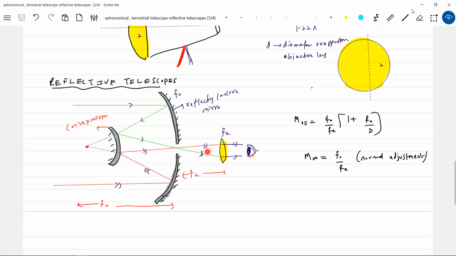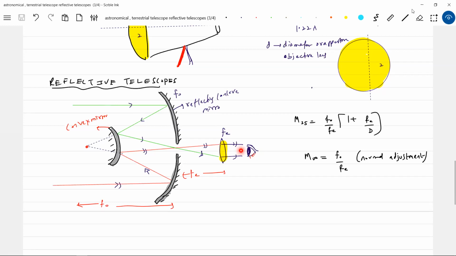After refraction, what will happen to these rays? They will be focused at this particular point. But what should be the adjustment? The rays should enter parallel into the eyes. Then only the eye will be relaxed. So after reflection from the convex mirror, the rays should not become parallel. Keep in mind, because if the rays enter the eye normally, then the image is said to be at infinity.